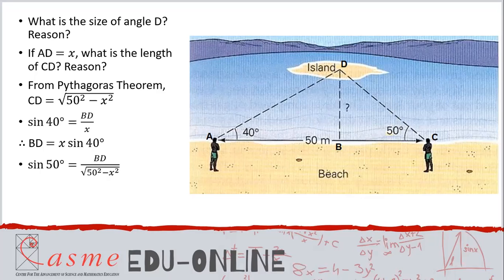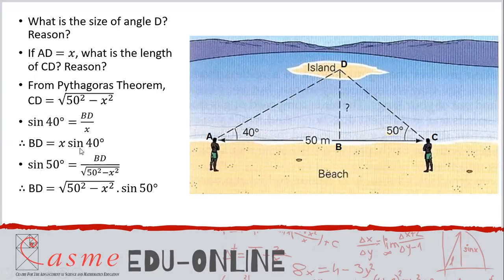Sine of 50 will be BD over this side, and this side is the square root of 50 squared minus x squared. So you can see there, therefore, BD is equal to this. Again, like we did with the other one, BD is x sine 40 degrees, and here BD is this multiplied by sine 50 degrees.